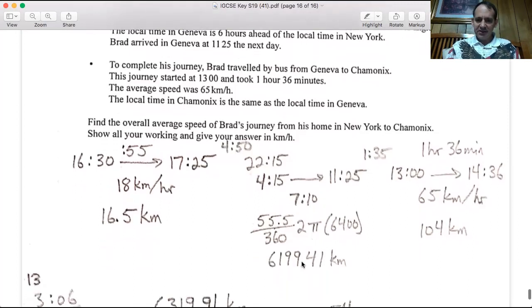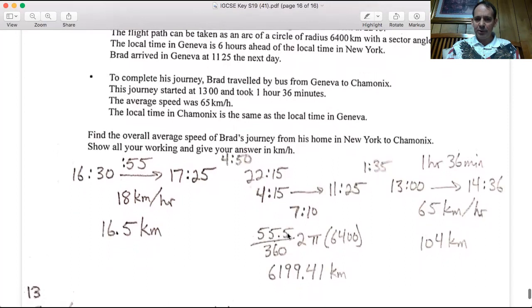So distance, we have 55.5 degree sector divided by 360. The perimeter or the arc of the circle is circumference, so 2 pi r. Circumference is 2 pi r, and we have a fraction of the circumference, which is the arc the plane takes, which is 55.5 degrees divided by 360 total degrees.